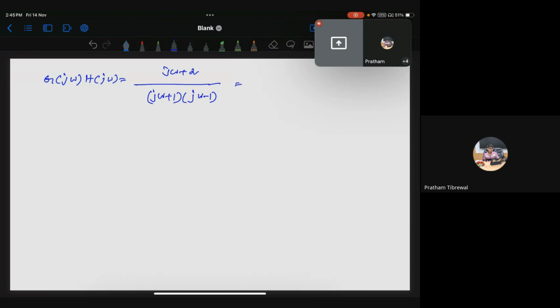So how can you write it? j omega plus 2 divided by minus omega square minus 1. So this one, how can you write? 2 by minus omega square minus 1 plus j omega by minus omega square minus 1. So you have a real part, you have an imaginary part.